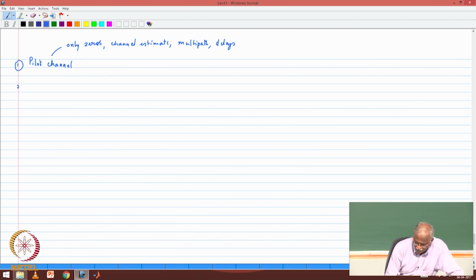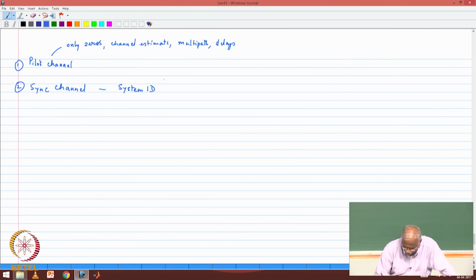The second one that we have to transmit is something called the sync channel. The sync channel is the one that tells you the operator, the base station information, all of that. So this is what is carried by the sync channel, system ID. You have to read it and understand. It tells you how to synchronize, because the data is scrambled using the M sequences.